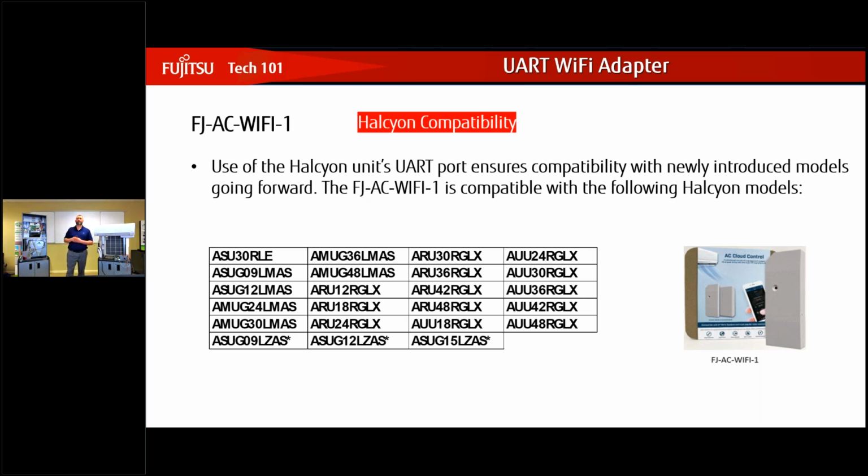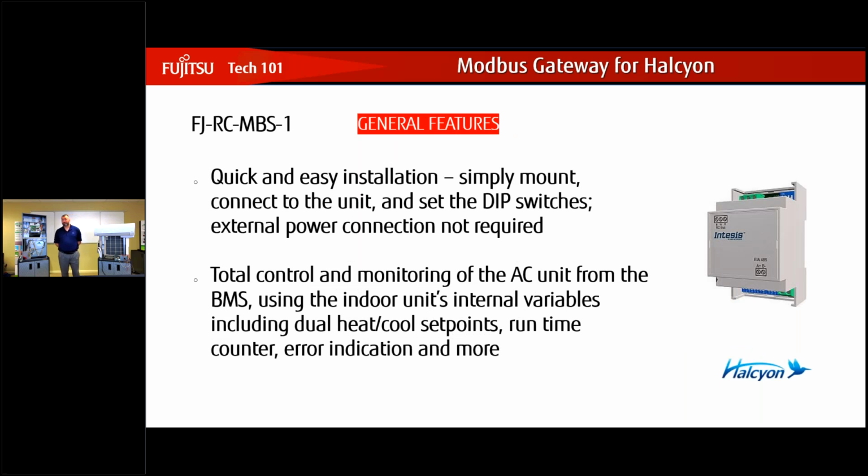You will find this information in the Fujitsu full line brochure. If you want to take a quick screenshot of it, you can do so, but you do have the ability to find that in the Fujitsu full line brochure under the accessories chart. Look into which unit you're installing and see which of these Wi-Fi devices will connect to that unit.